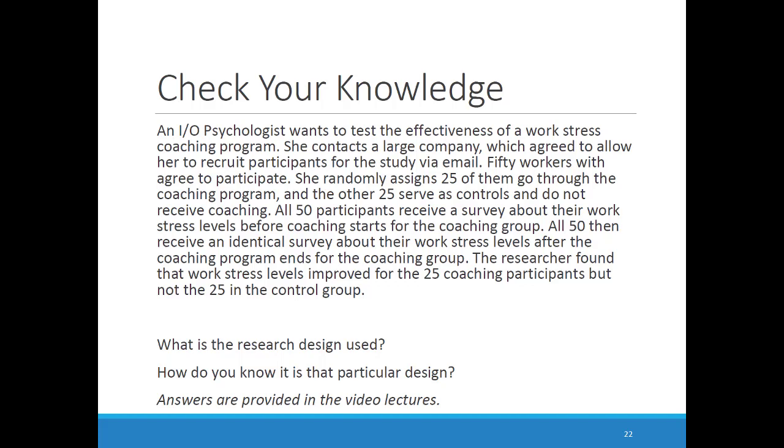Well, we can see that it is a true experiment, right? Because the researcher has randomly assigned people to either go through the coaching program or to serve as controls that do not receive coaching. Okay, so there is a manipulation in terms of people getting the coaching program or not getting the coaching program, and there is random assignment, so we can say that it is a true experiment.